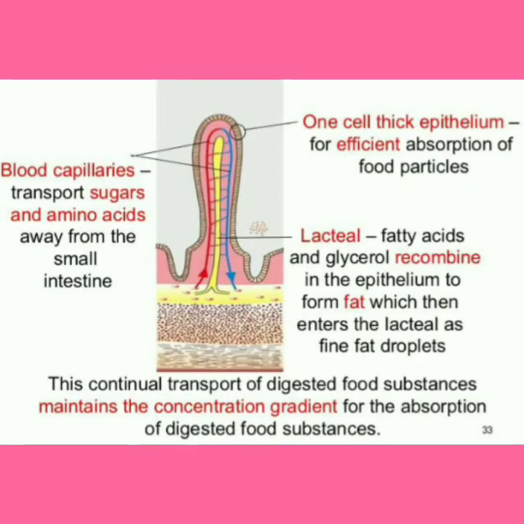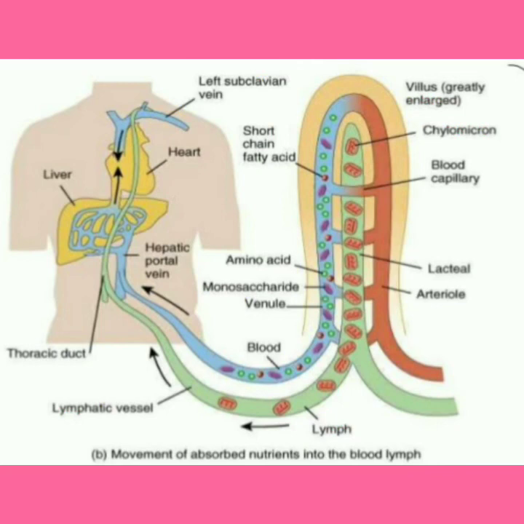So there is a slight difference in the absorption of fatty acids and glycerol. The fatty acids and glycerol absorbed by the gut are transported mainly through the intestinal villi and lymphatic system. After this, the thoracic duct of the lymphatic system empties into large vein, carrying blood to the heart.